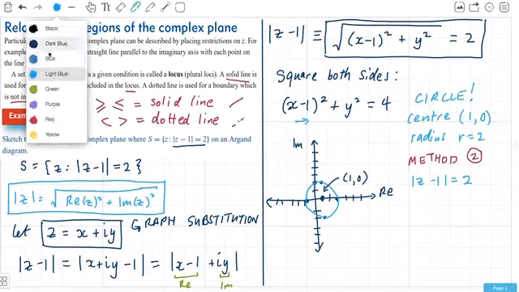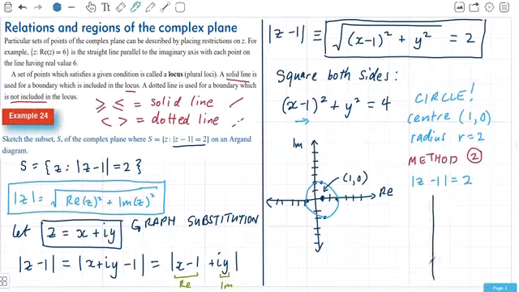So if you graph this, and I'll graph it here, you take your point z and you translate it across that way 1. This tells you the distance from the origin. So what this is actually saying in words is the distance from that point is 2 in every direction. This tells you the distance.